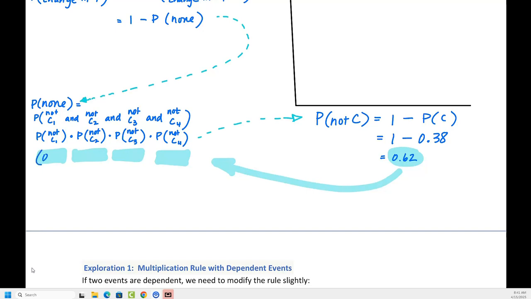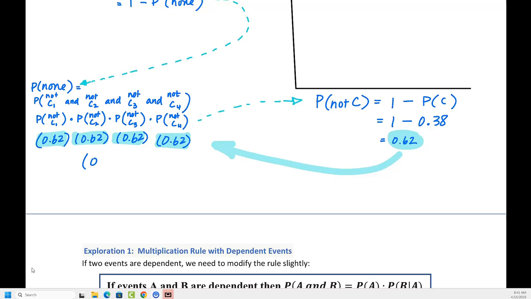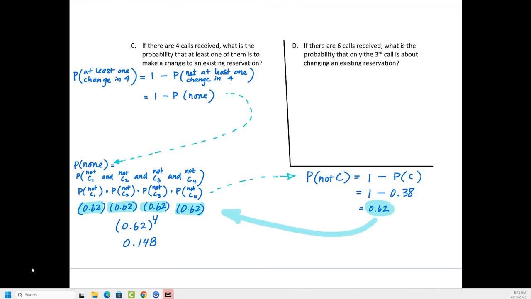So it's going to be 0.62 times 0.62 times 0.62 times 0.62. And that's 0.62 to the 4th power, because it's usually easier just to do that on the calculator, raise it to the 4th power, than typing that in a million times. And when I put that on my calculator, I'm going to get 0.148.